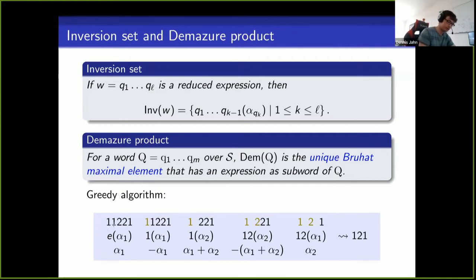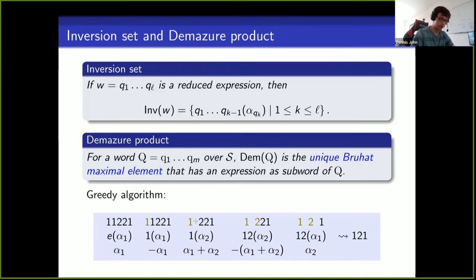A quick example here, if we have a word 1, 1, 2, 2, 1, so this would be generator S1, S1, S2, S2, S1. Then we start with the identity element, look how this acts on the root corresponding to the first letter. This is e applied to alpha 1, a positive root, so we take this generator for our word. We then look at the next position, 1, have the green prefix applied to alpha 1. This is a negative root, so we throw it away.